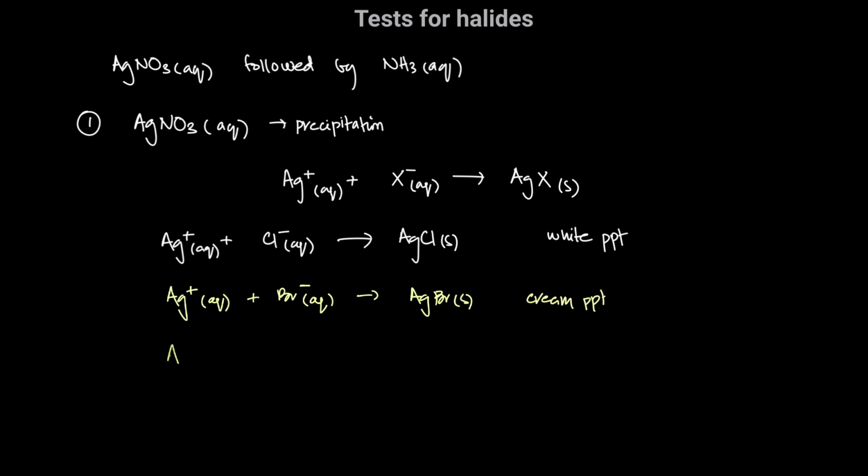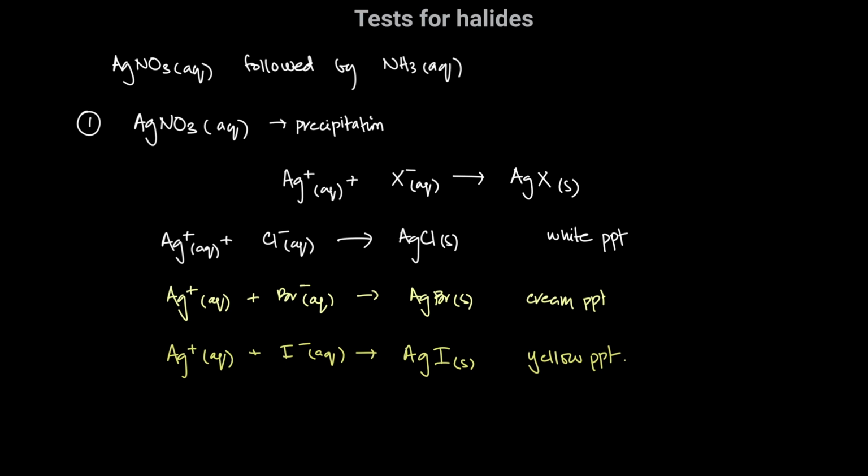And then lastly, we have silver ions reacting with iodide ions to form a yellow precipitate of silver iodide.